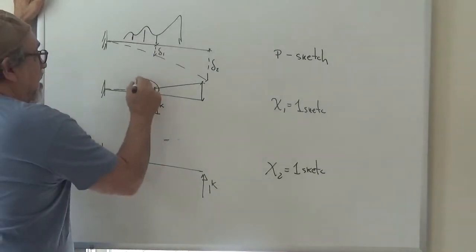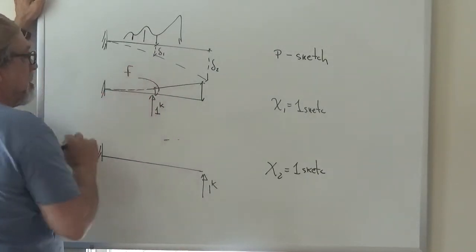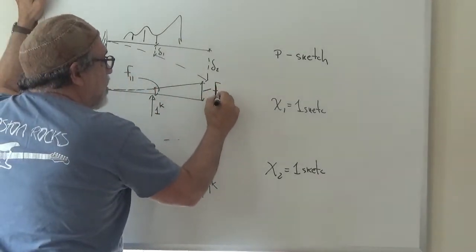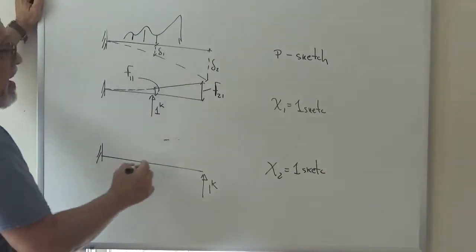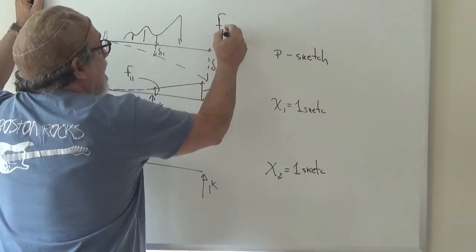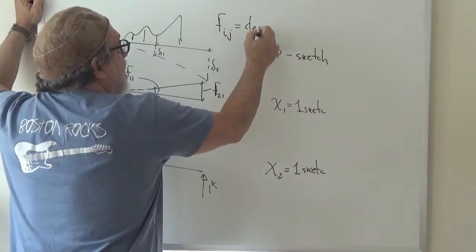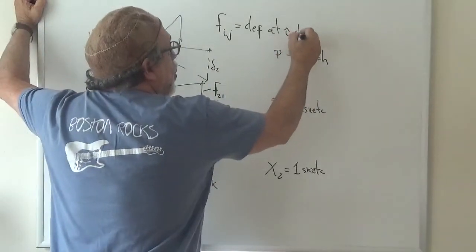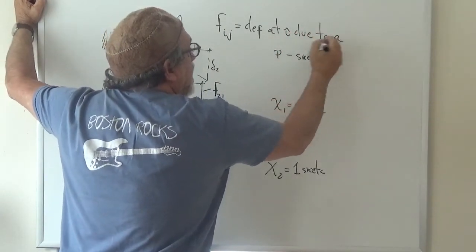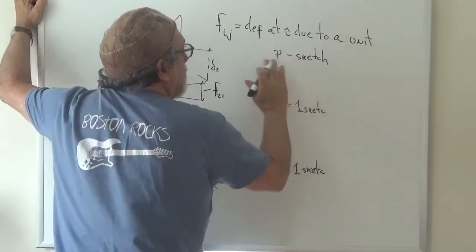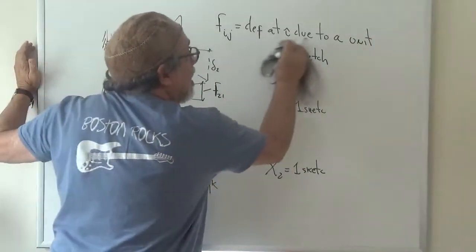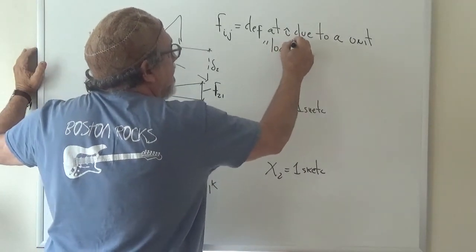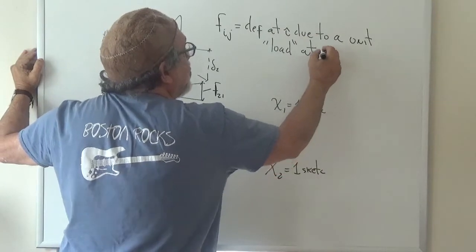So these deformations are called flexibility coefficients, and this would be F11 and this would be F21, where Fij is the deformation at i due to a unit load, although it could be moment, at j.